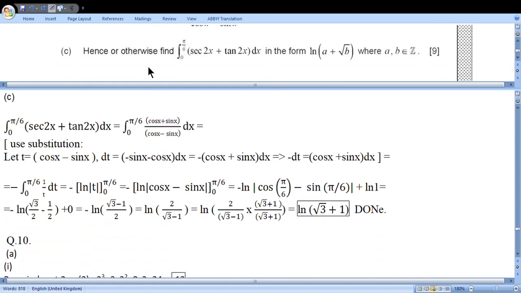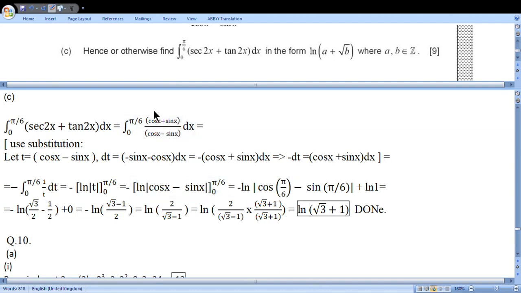C. Hence or otherwise find in the form. Right, so we use hence. So we rewrite this expression and we use substitution. Let t equal cosine x minus sine x. Then dt will be the first derivative, so (cosine x plus sine x) dx equals minus dt.